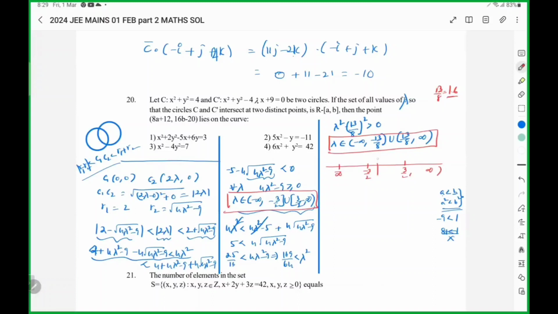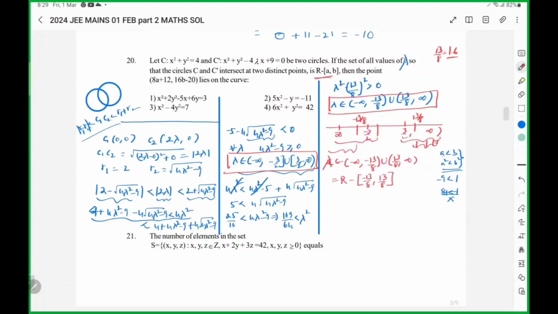Other is minus infinity to minus 13 by 8, again 13 by 8 to infinity. The common part will be lambda in minus infinity to minus 13 by 8 union 13 by 8 to infinity, which I can write as R minus the interval minus 13 by 8 to 13 by 8.